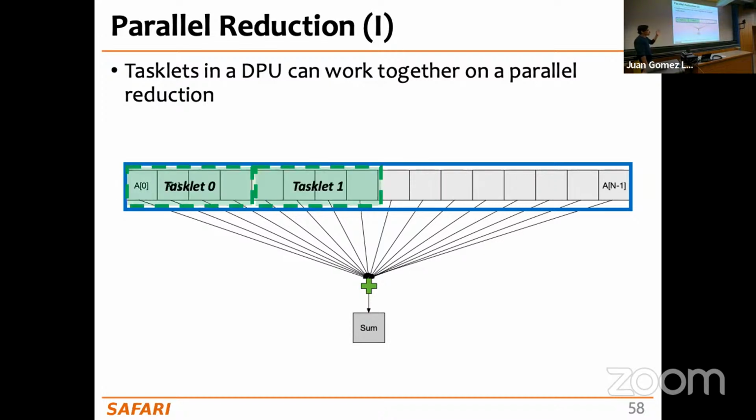We are, first of all, going to partition this array over multiple DPUs. We can divide it into equally sized chunks. Each of them is transferred from the main memory to the corresponding MRAM, and then inside each DPU and inside each MRAM we use multiple tasklets, right?